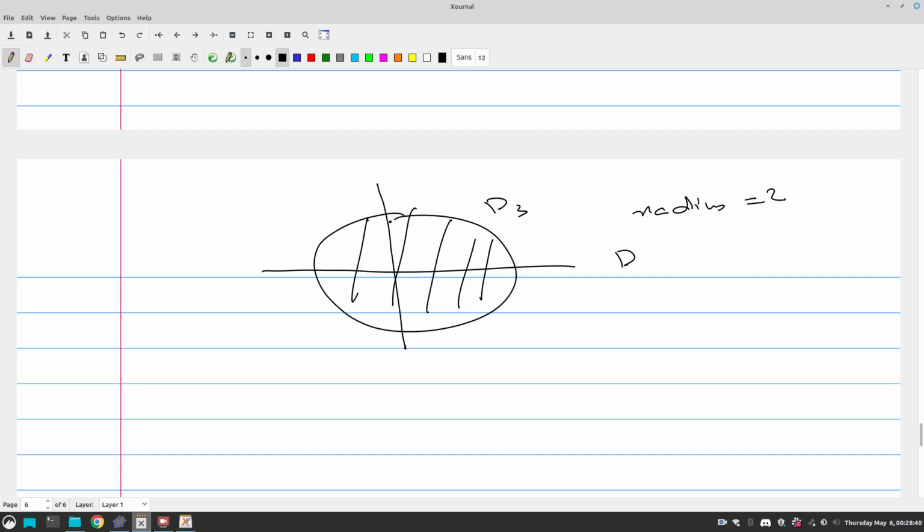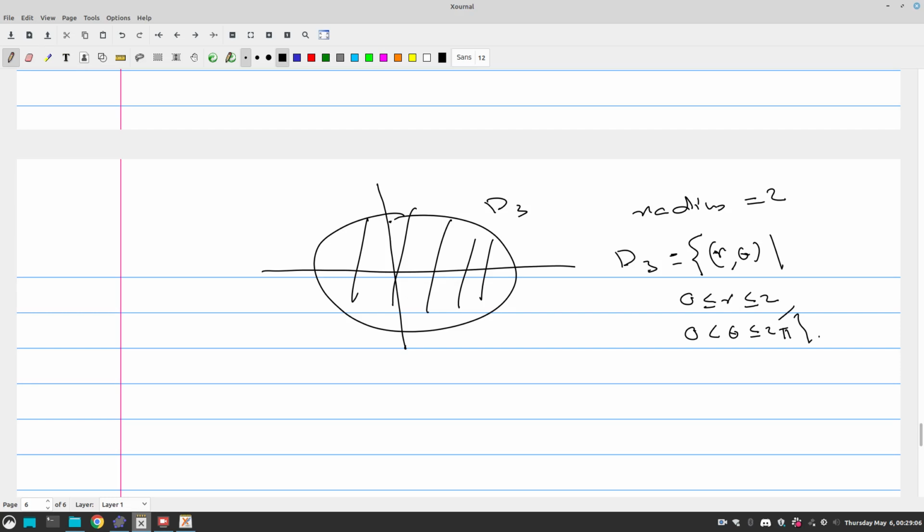So D3 is the set of r, theta where r goes from 0 to 2, and theta goes from 0 to twice pi.